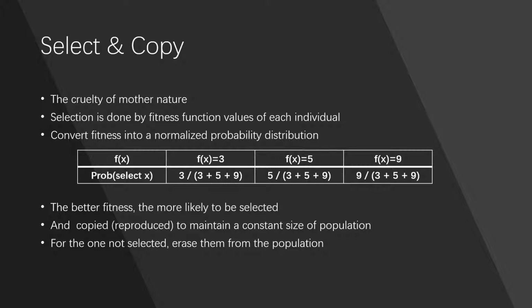As you can see, in this way, the better the fitness value is, the more likely this individual is going to be selected. The reason why I do this copy operation is that we have to maintain a constant size of the population. So unfortunately, for the ones that have not been selected, we have to erase them from the population.